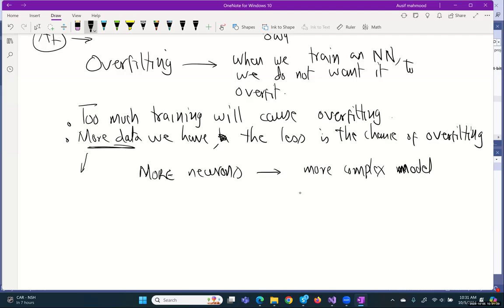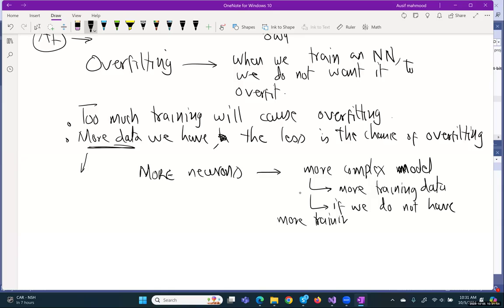If we have a more complex model, we need more training data for it to be able to at least do a good job. If we do not have more training data, then this will cause overfitting.